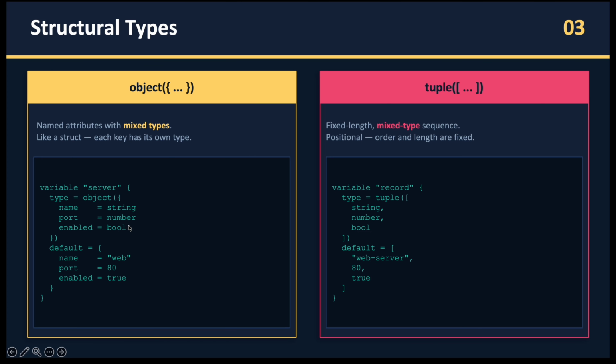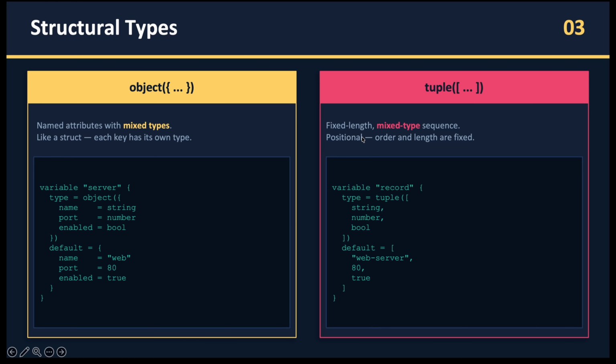So you have defined multiple data types using object. Basically it's a struct like in other languages, Python or C. You define the default value: name is web, which is a string, so it is in double quotes; port is a number, 80; and enable is a bool, so enable is true.